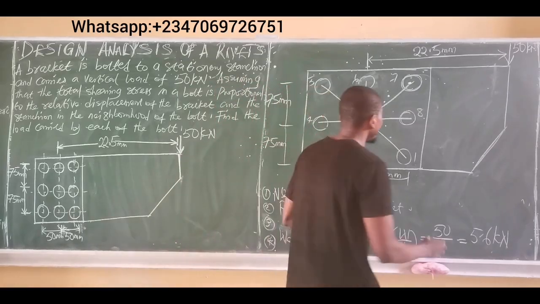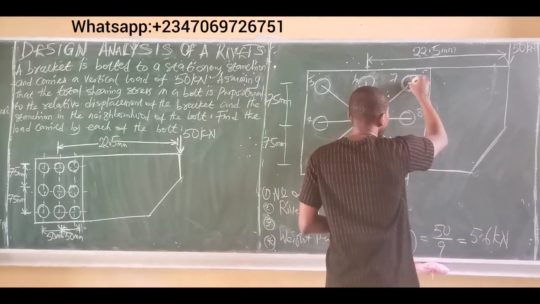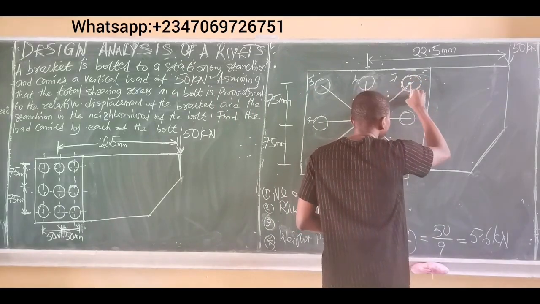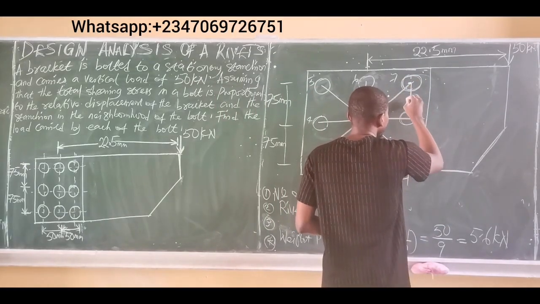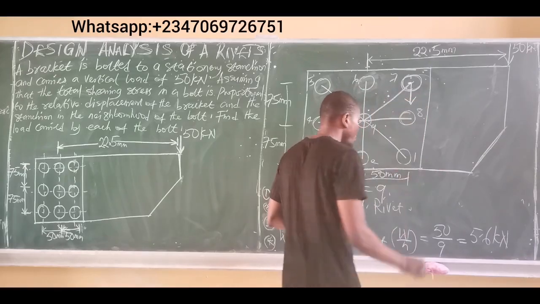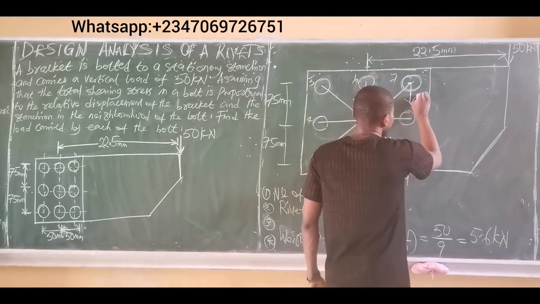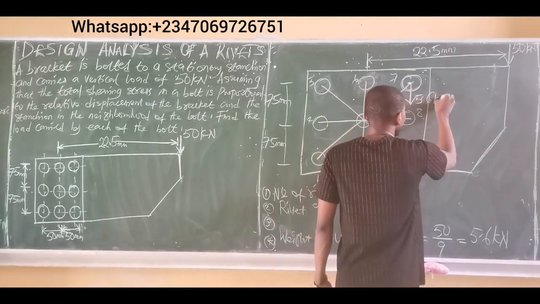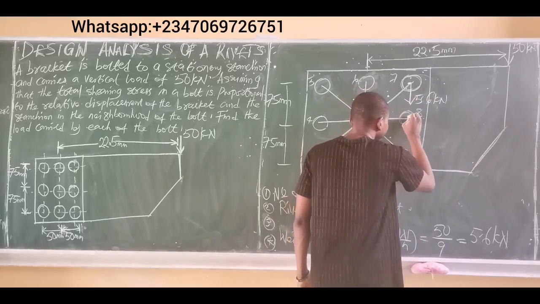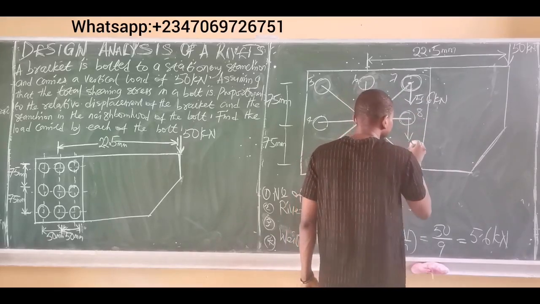So from each of the rivets, I have a load which acts vertically downward, and the value is equal to 5.6 kilonewtons on each of the rivets except the central rivet, mind you.